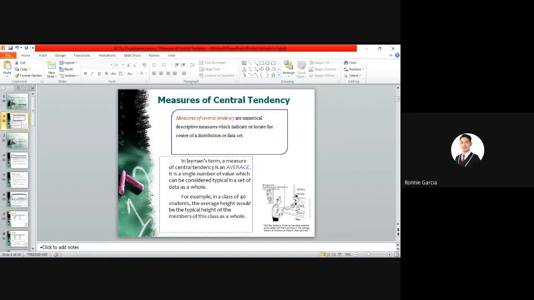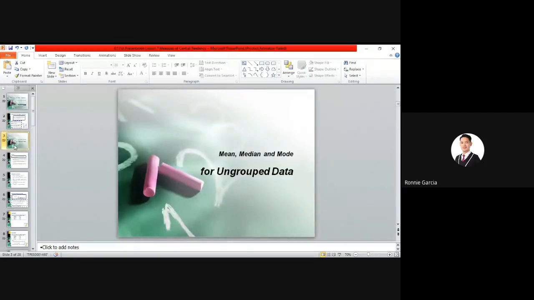If for example you're getting the height, that's the variable na gusto nimo kuhaon, and then you're going to report one particular height that will represent the 40 students. So you are getting the typical height. That is now the time that you're going to compute for the central tendency. And the three measures of central tendency, the mean, median, and mode, have their respective characteristics.